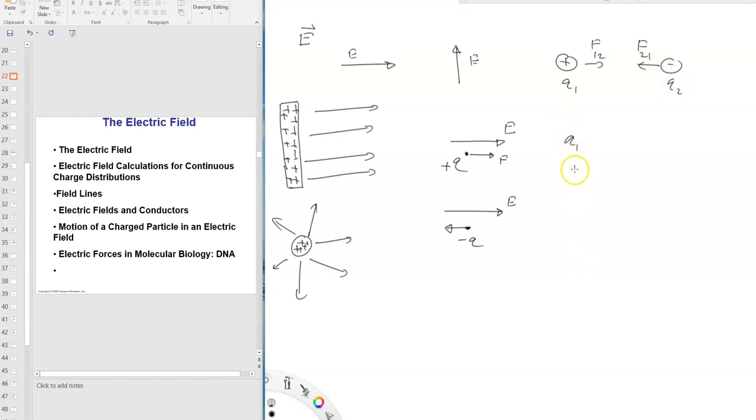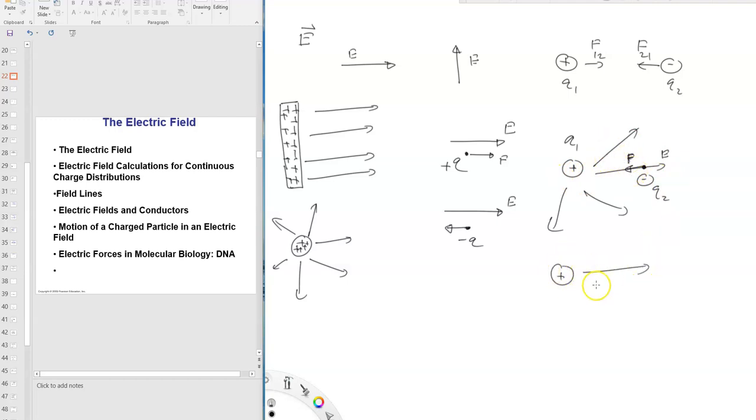Here we have Q1, which is a positive charge. The electric field is outwards. I'm going to place this negative charge here, Q2. At this point where the charge is, the E field is to the right, therefore the force has to be to the left. That's what we need, right? Between opposite charges there has to be an attractive force.